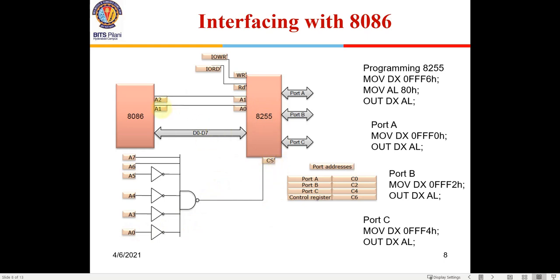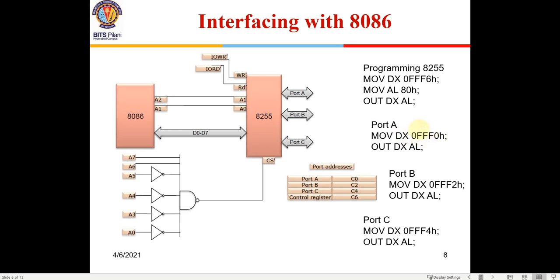So you have A1 and A2 coming to these chips. Now if I give A1 and A2 as 00, then port A will be connected. This is the port A. So if I have to give some data into this port A, this is how I will be doing it: MOV DX, 0FFF0.